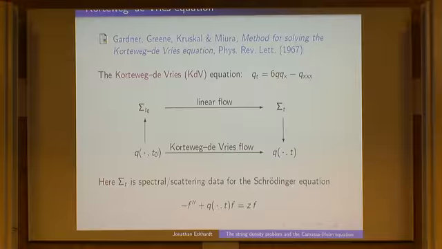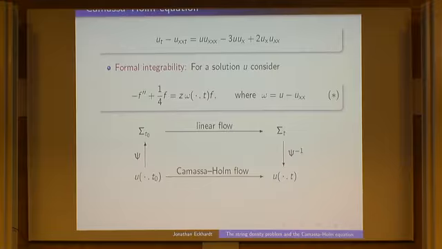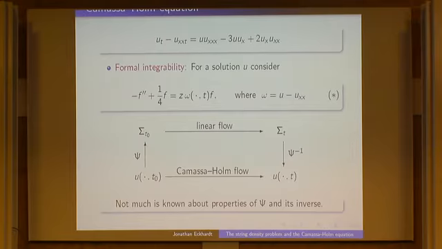And for this Schrödinger spectral problem, much more is known about this transformation that takes the potential to the spectral scattering data, and also for this inverse part. So one knows quite a lot for this transformation here, but for the Camassa-Holm equation, for this spectral problem, not much is known about either of them, and in particular not about the inverse transformation here.